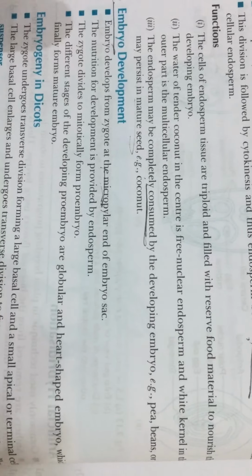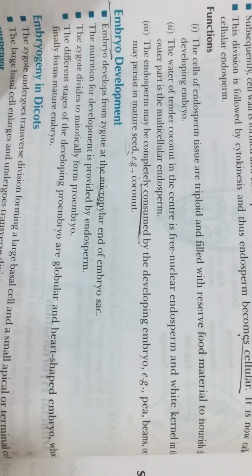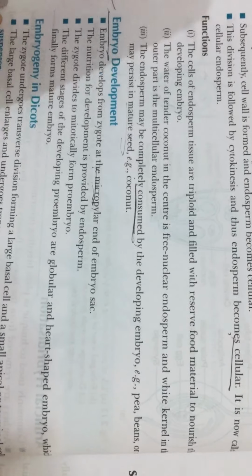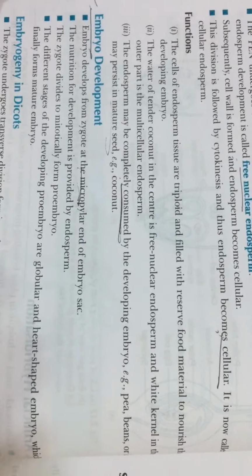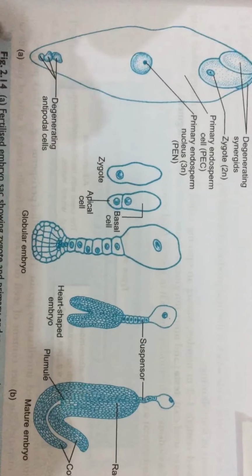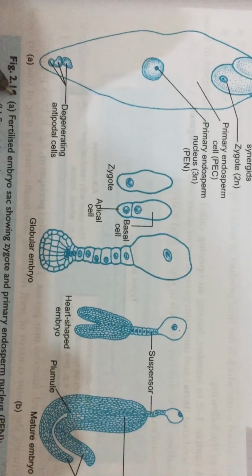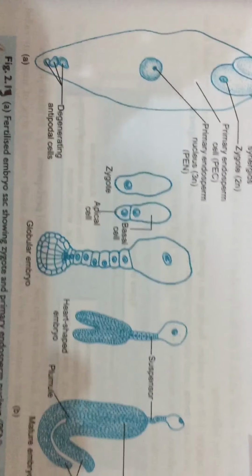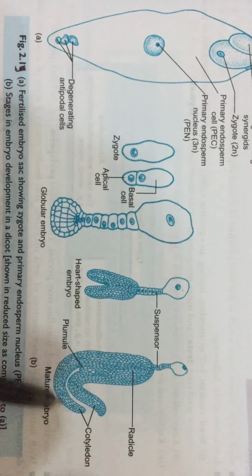The zygote gives rise to the proembryo and subsequently to the globular, then heart-shaped, and then mature embryo. In figure number 2.13, you can clearly see the globular embryo, then it turns heart-shaped, and then the typical mature dicot or monocot embryo is formed. So these are the different stages of embryo development.